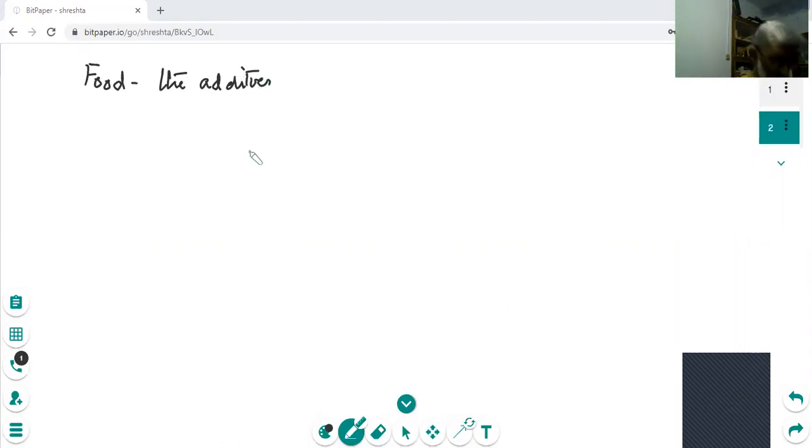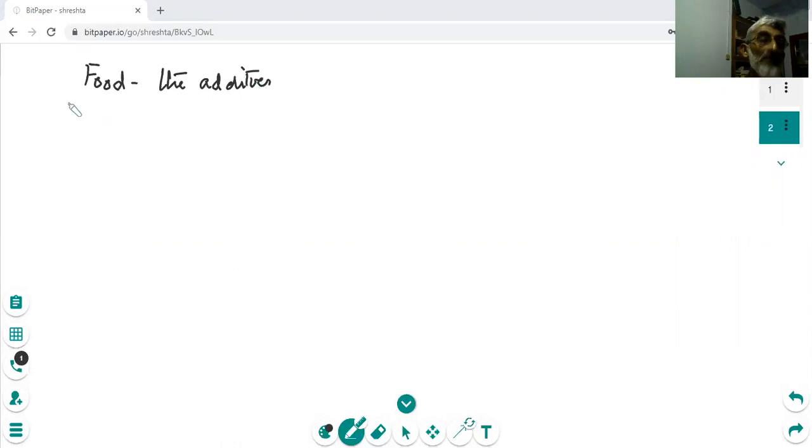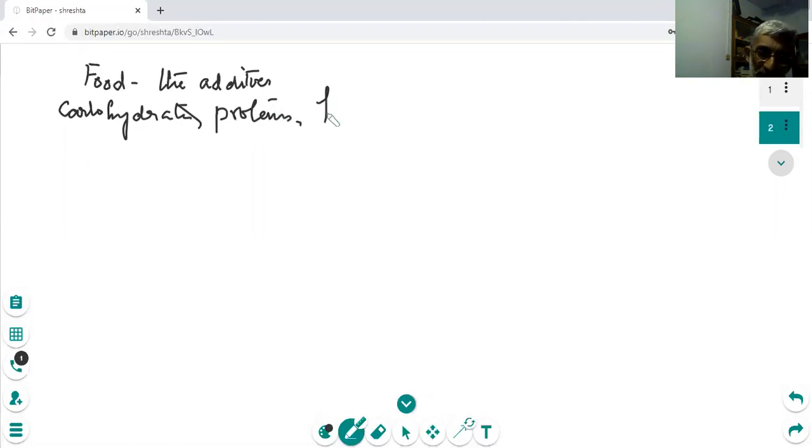So, carbohydrates, proteins, fat materials, fats or lipids. These are the main components in food.